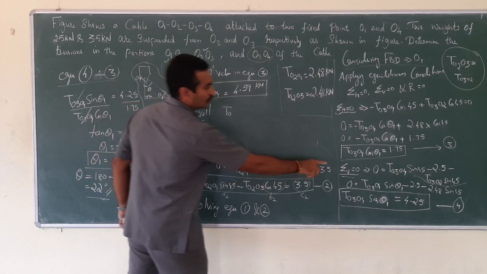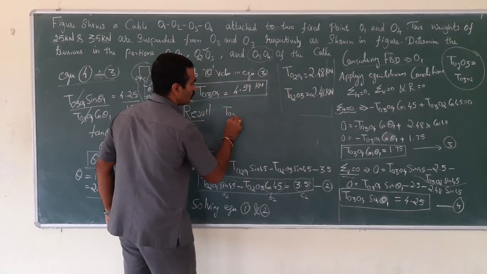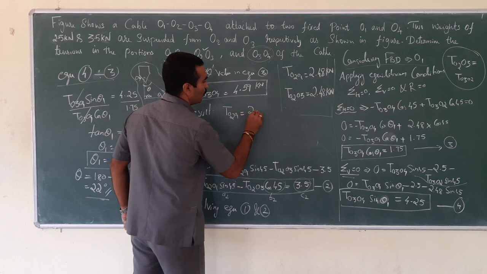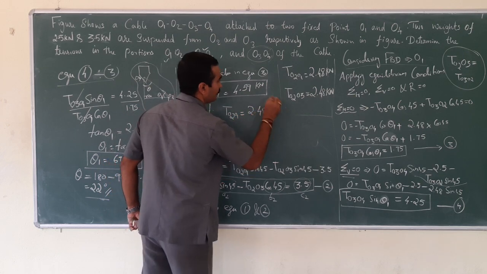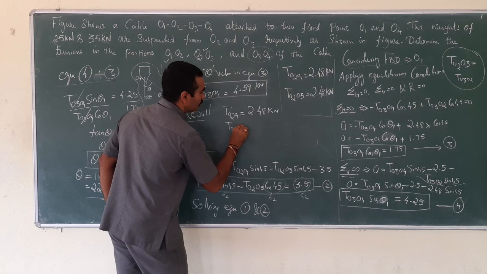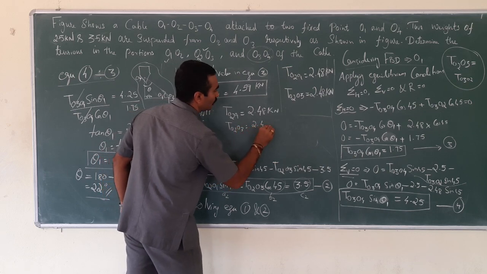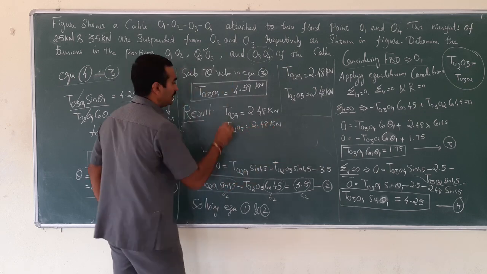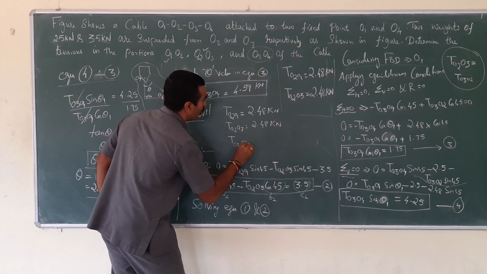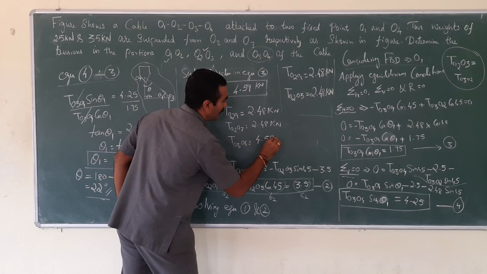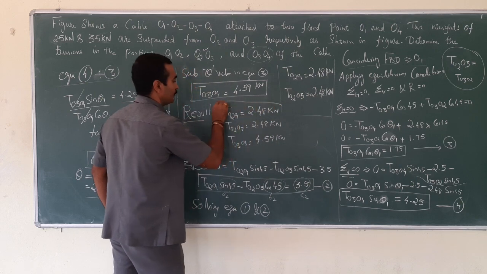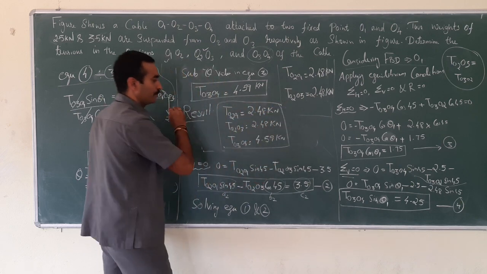T O2 O1 equal to 2.48 kilonewton, T O2 O3 equal to 2.4 kilonewton, and T O3 O4 as 4.59 kilonewton. So this is the result.